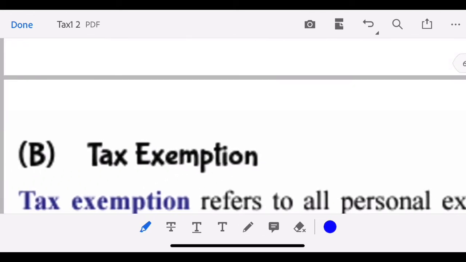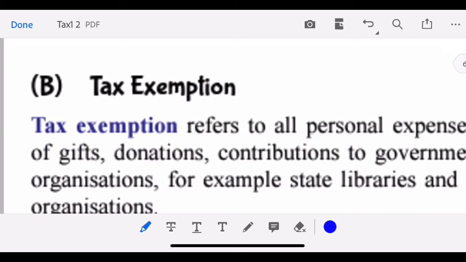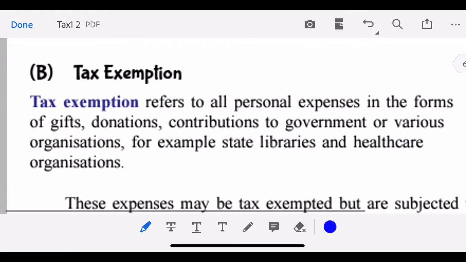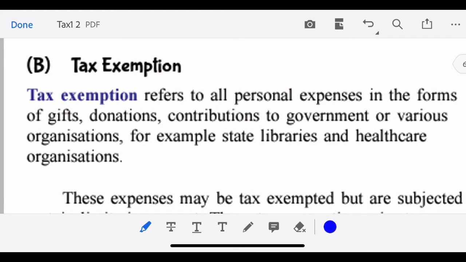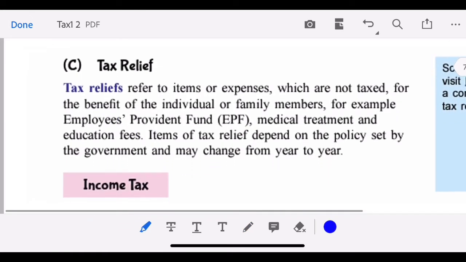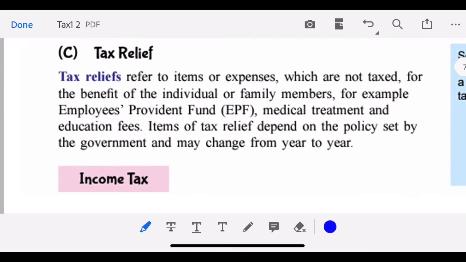So tax exemption refers to all personal expenses, again in the form of gifts, donations, contributions to government or various organizations. So how about tax relief?